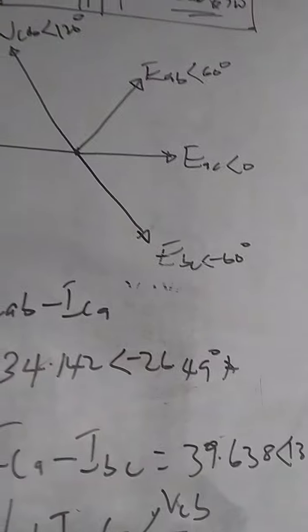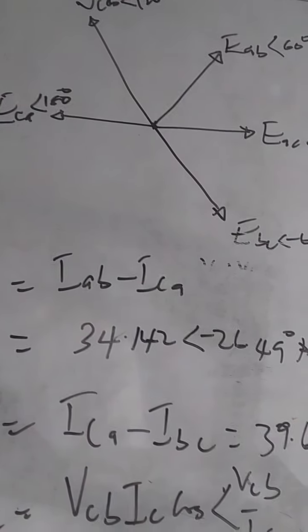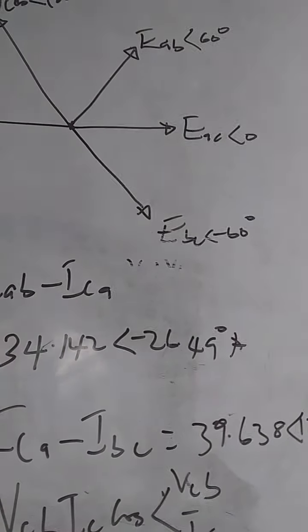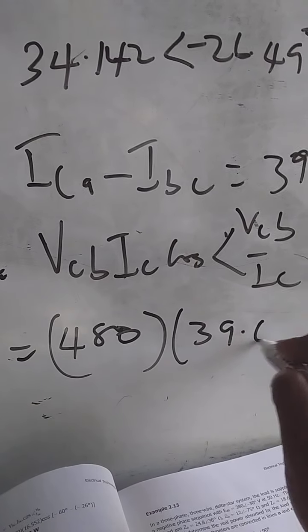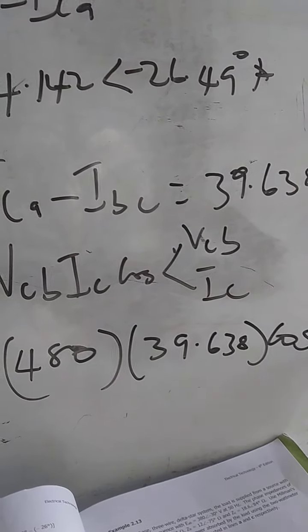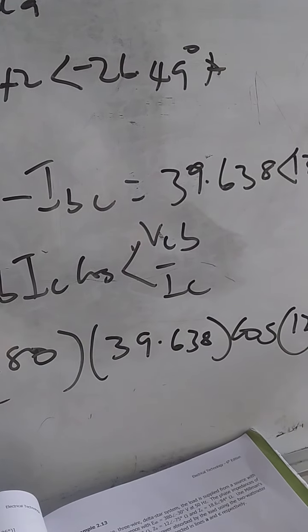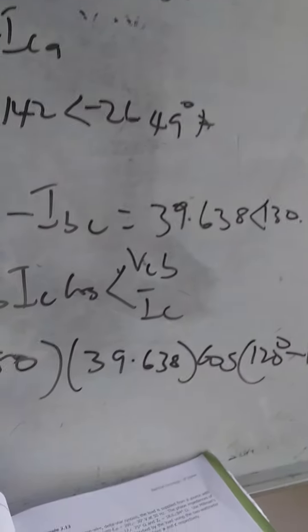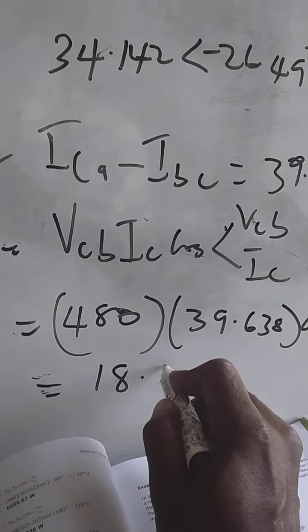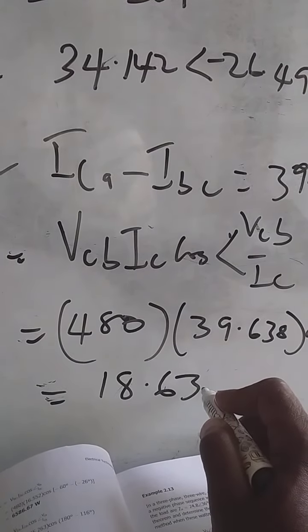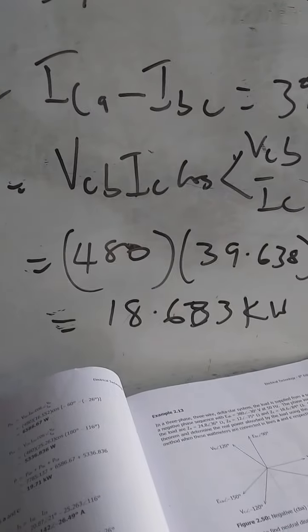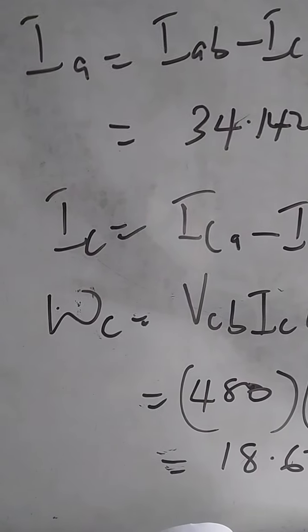So our VCB will be 480 times IC, which is 39.638, cos 120 degrees minus 130.9 degrees. That will give you 18.683 kilowatts. So that is the wattmeter reading on C.